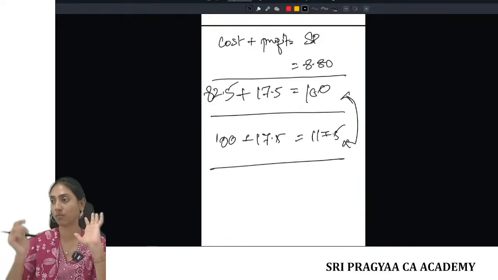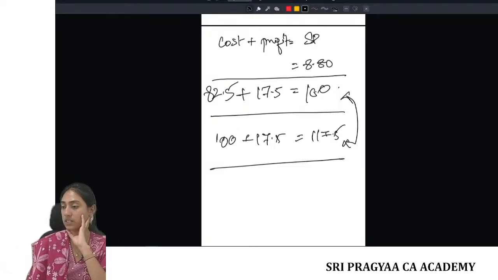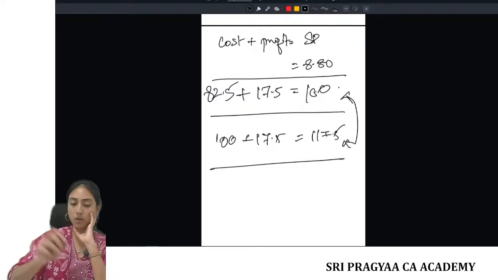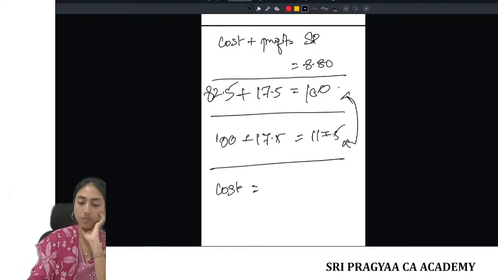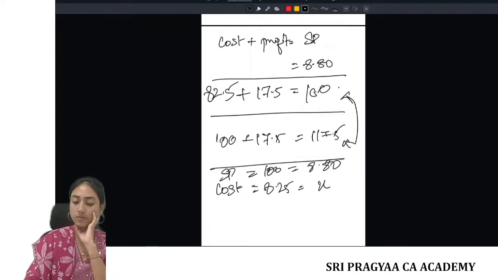தூக்கத்தில் எழுந்து கேட்டாலும் இதை சொல்லணும். So now you have this as 100. கரெக்டா? இப்போ what you asked, உங்களுக்கு கேட்டது வந்து... So what is given? செல்லிங் ப்ரைஸ் கொடுத்துருக்காங்க. அப்போ காஸ்ட் எவ்வளோ? நம்பர்ல சொல்லுங்க. Selling price is 100, in number it is 8.8, இல்லையா? இது வந்து 82.5. இது what will be the number? X. Cross multiply. ஓகேவா?